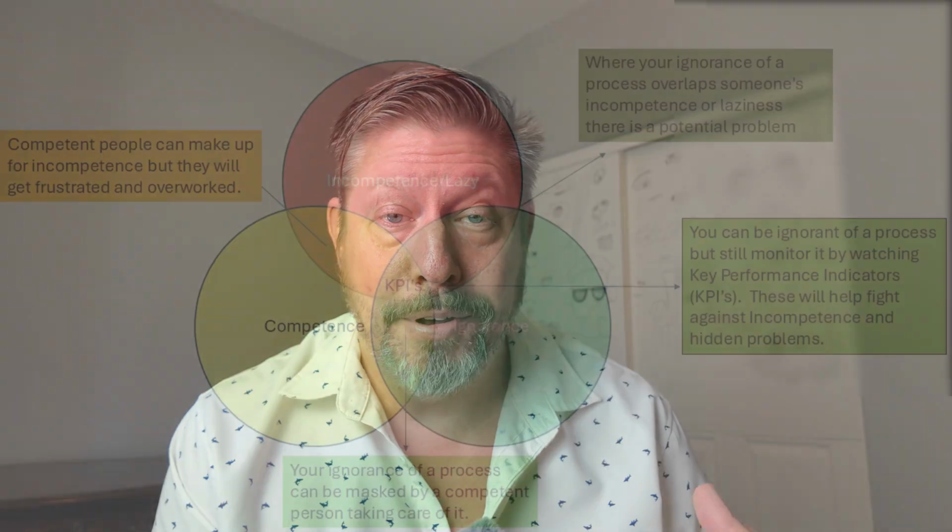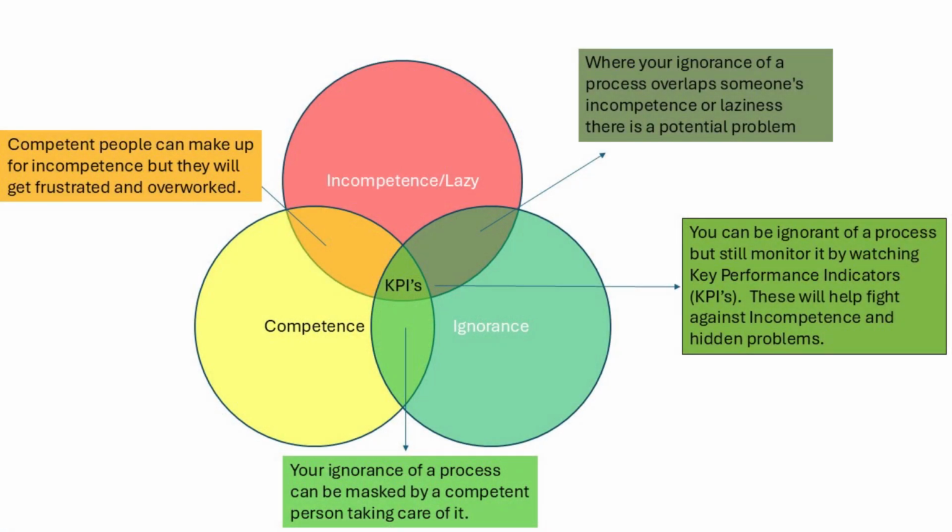I have a Venn diagram that I'll try to put up. I'm not very tech savvy when it comes to videos, but I'll try to put it up. I created it on how key performance indicators are important. The 3 circles in this Venn diagram are incompetence or laziness, right? Another one is ignorance, and the third one is competence.